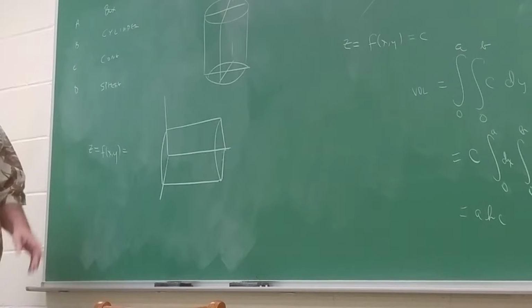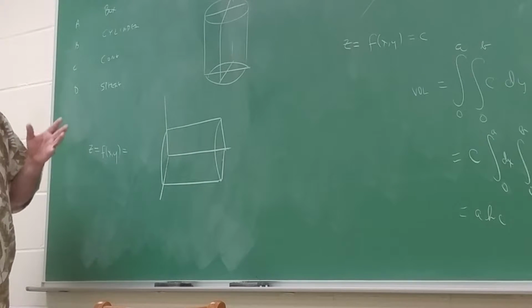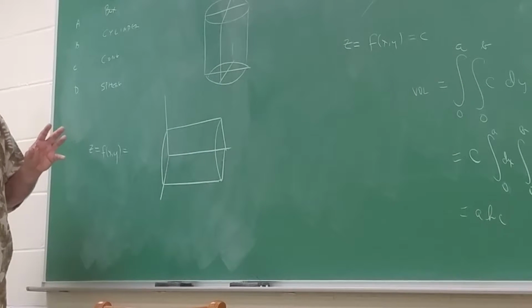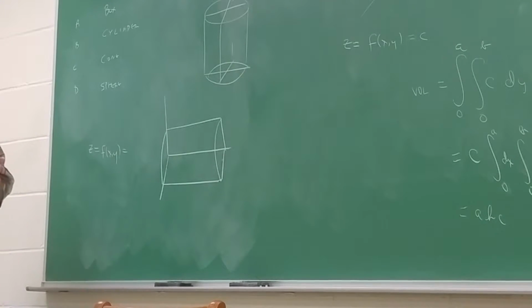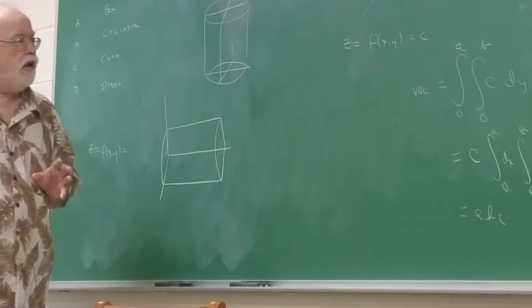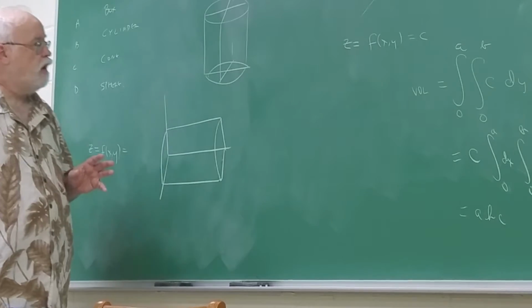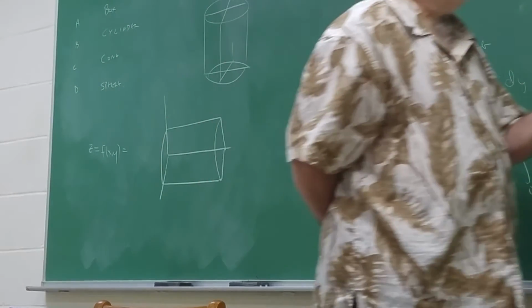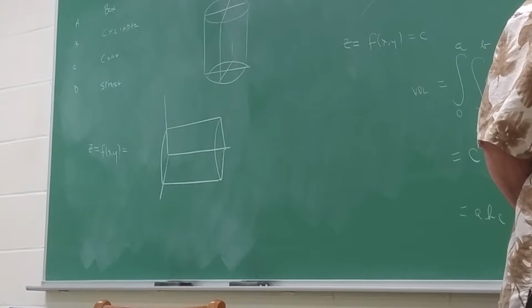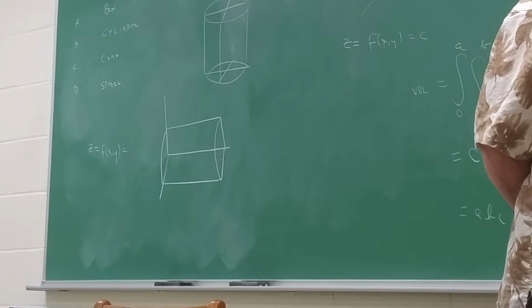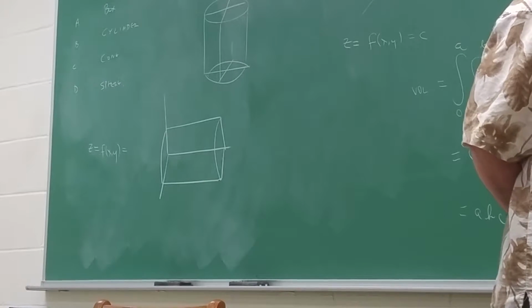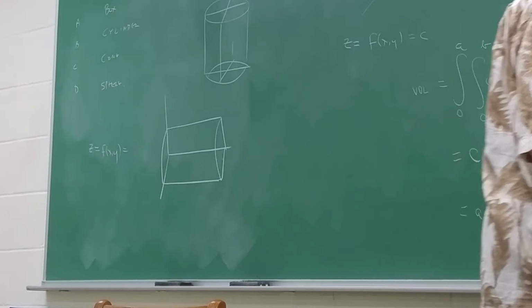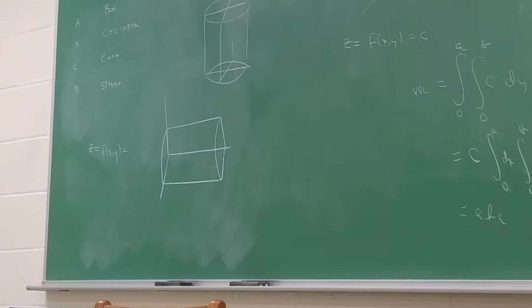For that, I need to start thinking 3-dimensionally and thinking about the equation of a cylinder in 3 dimensions. Now, looking back at the original here, the circular base was x squared plus y squared equals a squared. What's the graph of x squared plus y squared equals a squared in 3 dimensions? It's a cylinder.